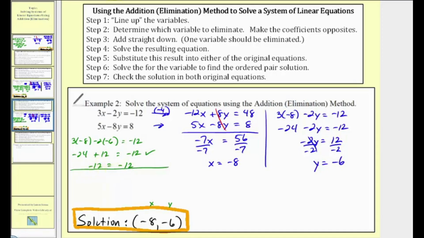The second equation, we have 5 times negative 8 minus 8 times negative 6 equals 8. So we have negative 40 plus 48 equals 8, and 8 equals 8, so this also checks. Let's look at one more example.